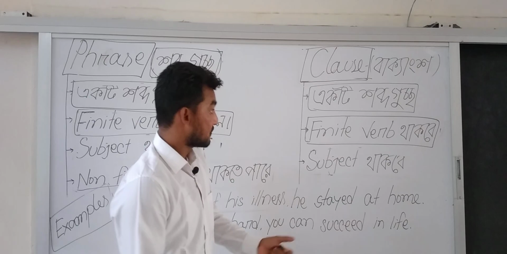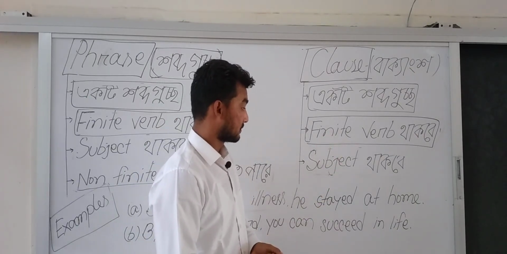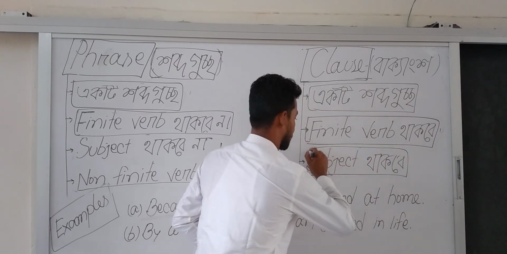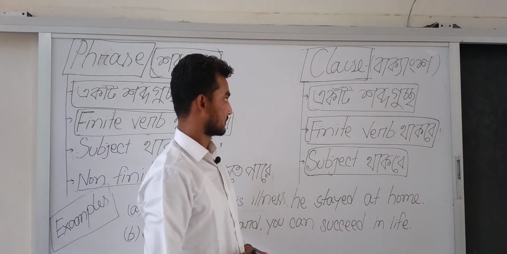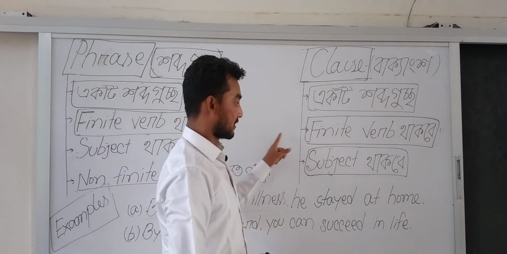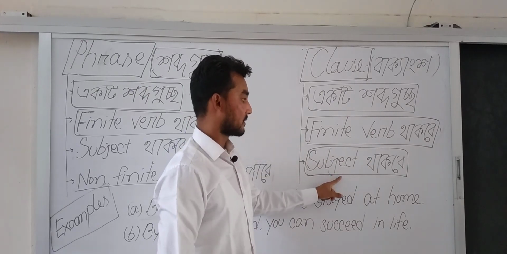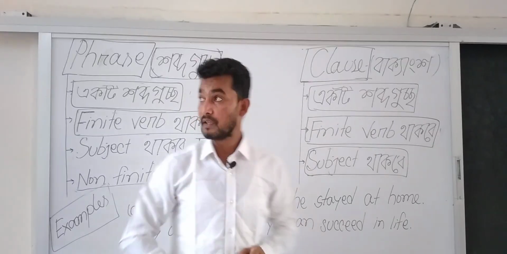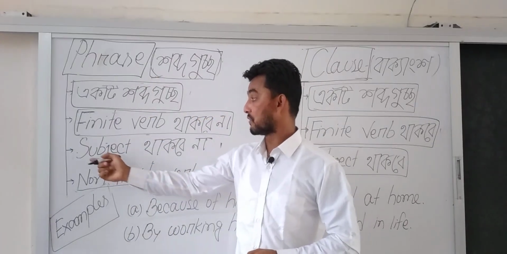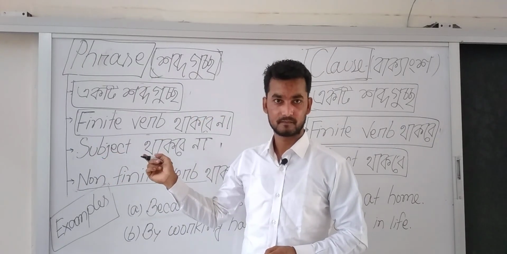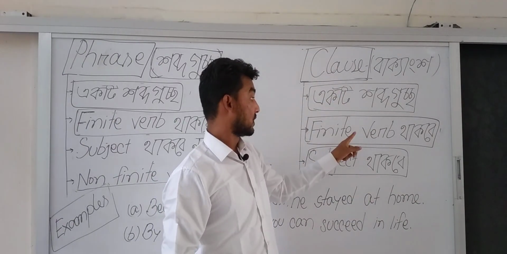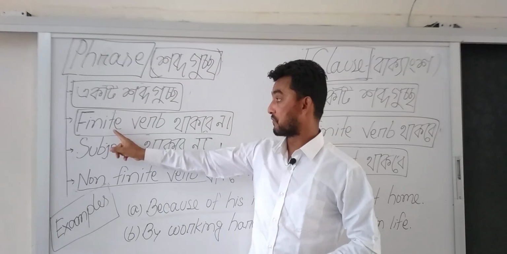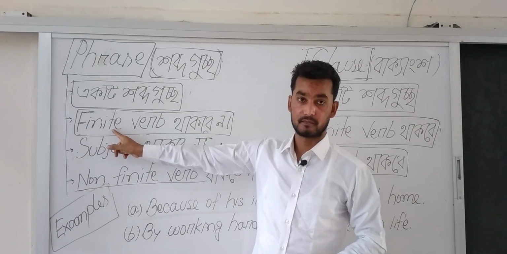And as we find a finite verb, we find a subject also in a clause. In a clause, before a finite verb, we find a subject. But in a phrase, we find no subject. In a clause, we find a verb, but in a phrase, we find no finite verb.